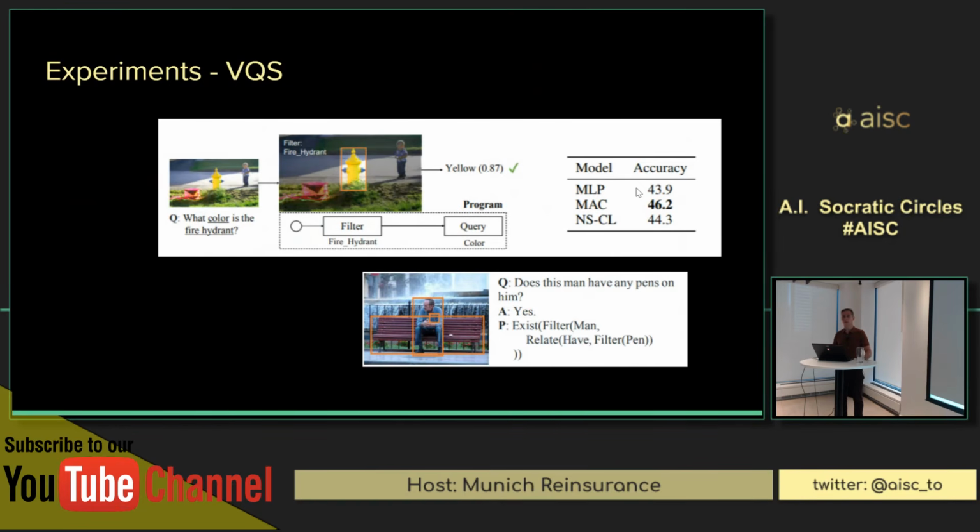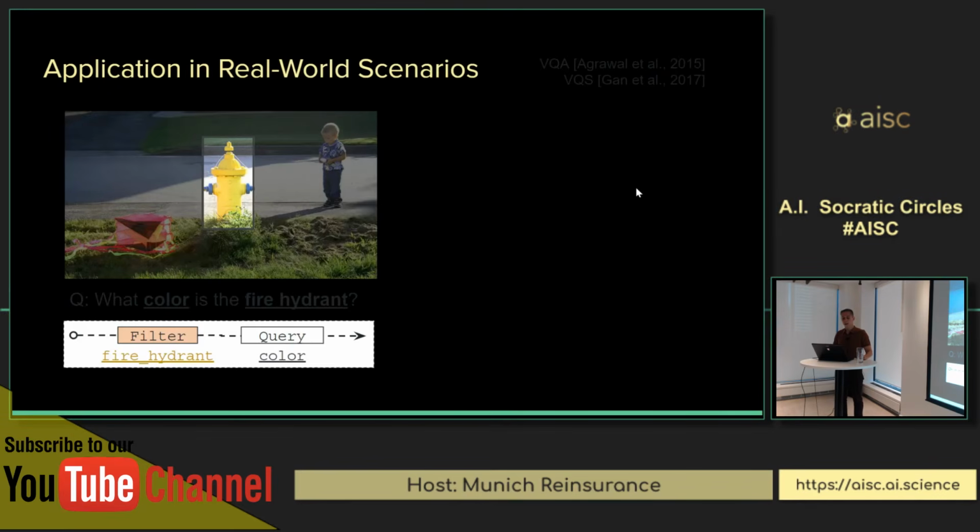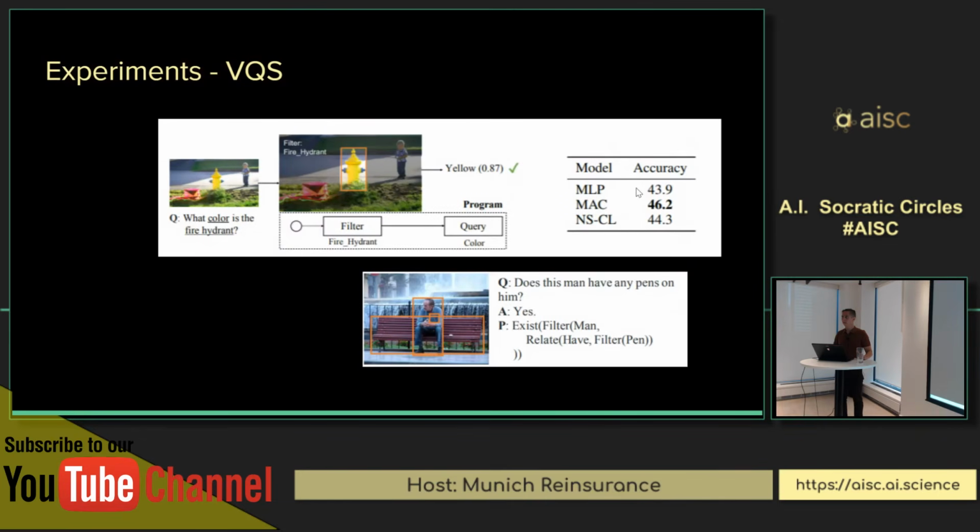Even though they applied the same constraints with curriculum learning and limiting the number of functions possible within the program, they still didn't achieve the accuracy even compared to MAC. So what's the difference between this one and, is it scenarios or is it just small VQS?